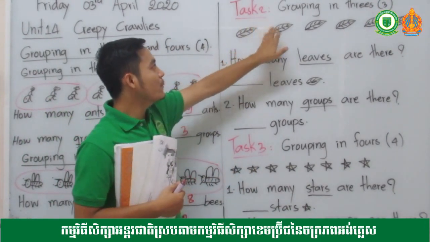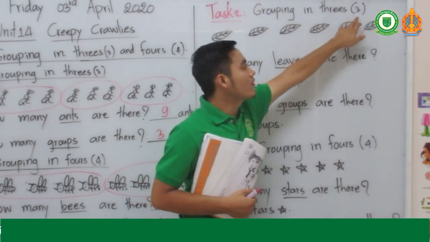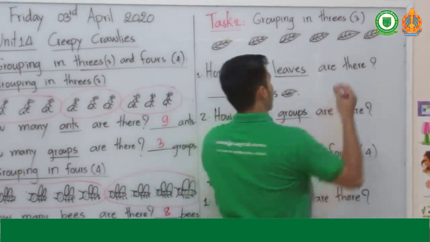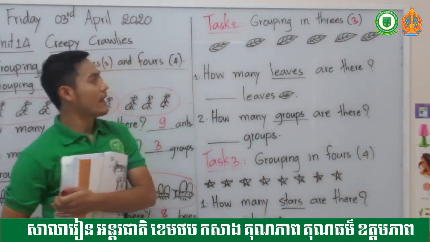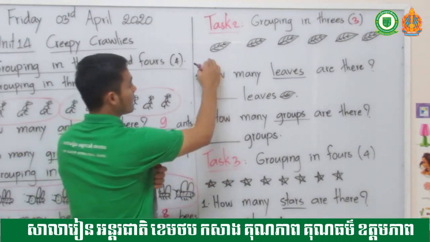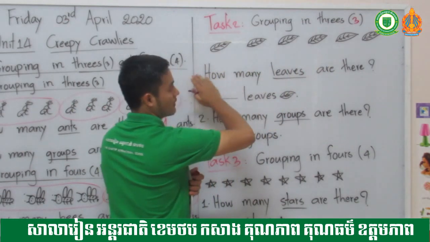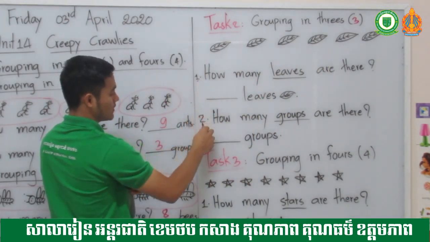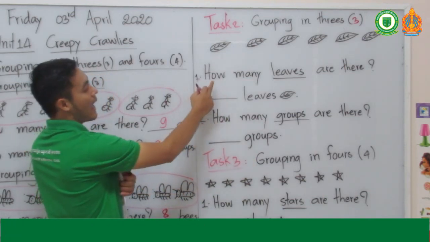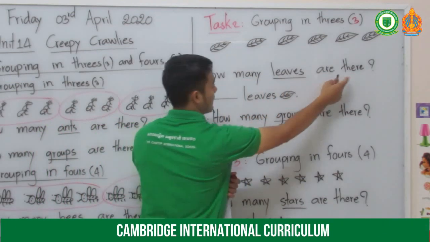Task 2, grouping in 3. Over here I can write it in red. Grouping in threes. You look at the leaves. And then you're going to answer these 2 questions. Question number 1, how many leaves are there?